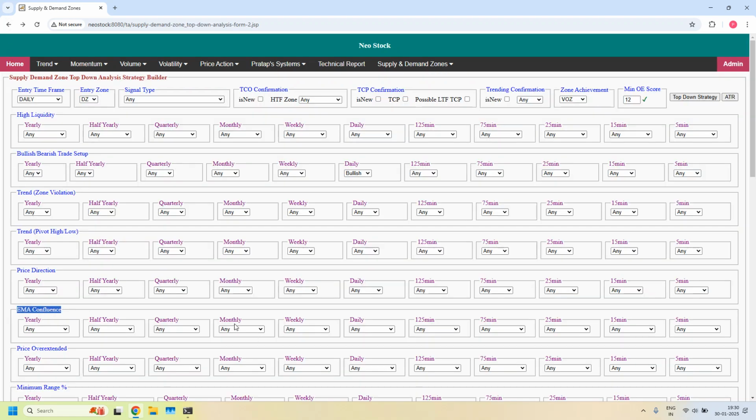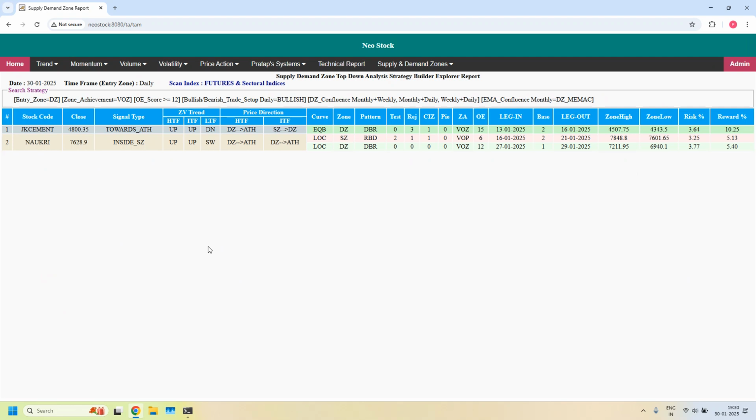In the EMA confluence monthly time frame, I am setting the filter monthly demand zone having monthly EMA confluence. With this filter, we got both the stocks. That means both these stocks are even much more high probability setup supported demand zones. Maybe that is the reason why JK Cement has already tested 3 times.